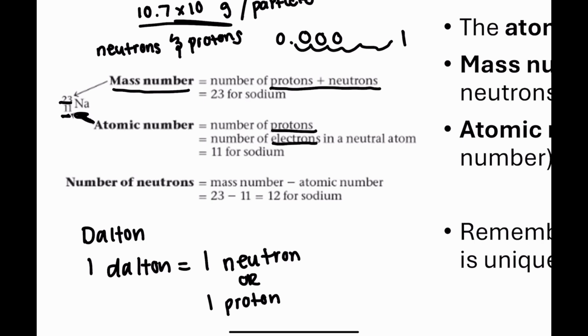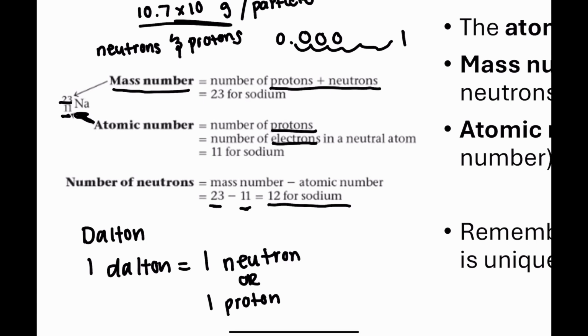If we subtract the atomic number from the mass number, we get the total number of neutrons. In this case, since we have a mass number of 23, when we subtract 11 from it, we see that we have 12 neutrons.